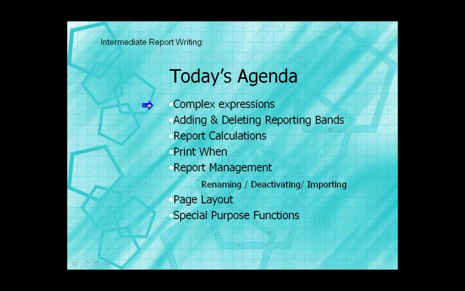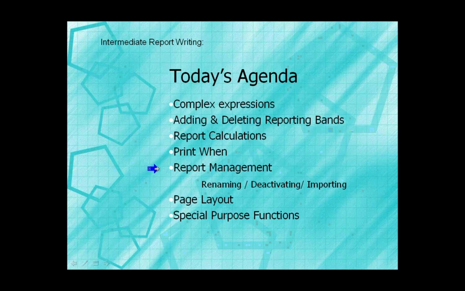What we'll cover: complex expressions, getting the data in the boxes to put on the report. We're going to review reporting bands, how those work, and discuss those a bit. Report calculations, beginning to get into how to calculate fields on a report. Print wins, which give you the ability to choose when you want to print information on a report, or conditional printing even.